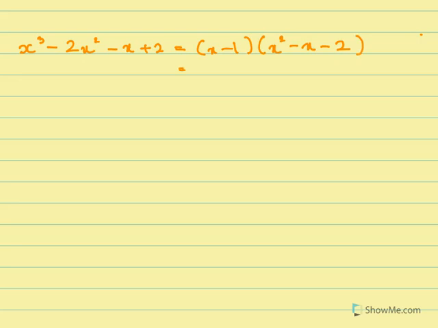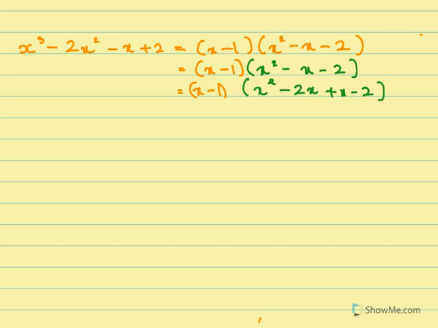Now we need to do middle term split of the second factor, x square minus x minus 2. So x minus 1 I write as it is. Here I do middle term split, so it becomes x square minus 2x plus x minus 2.